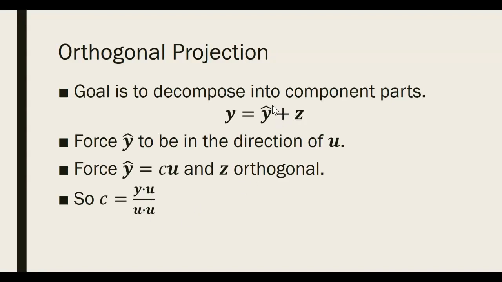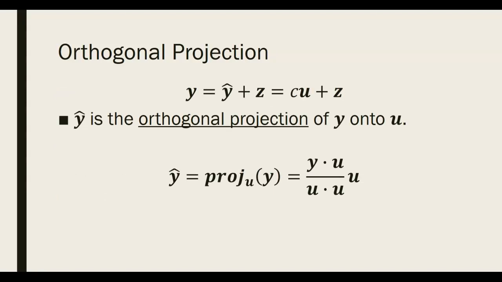So again, we can think of these as almost like basis elements, although z technically could be a sum of many basis elements. And this y hat that we're obtaining is going to be called the orthogonal projection of y onto u. We saw the picture we had earlier.